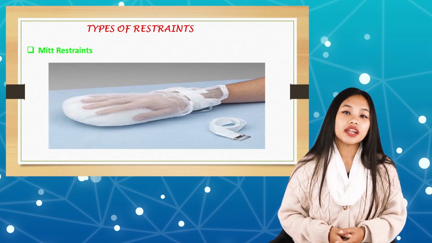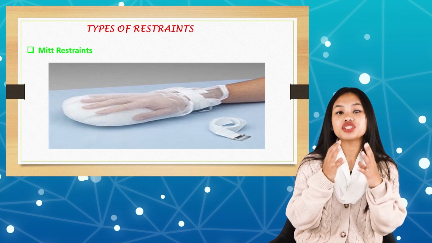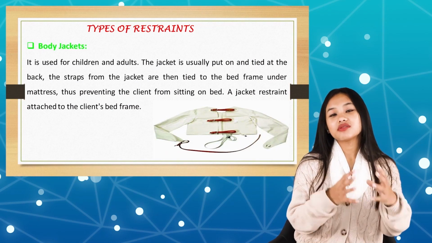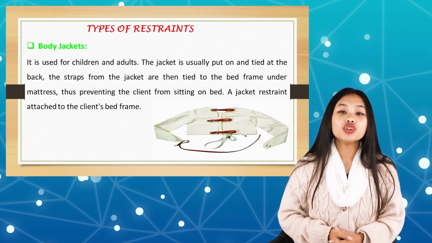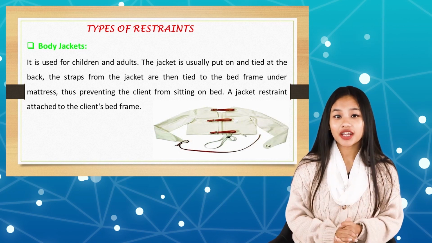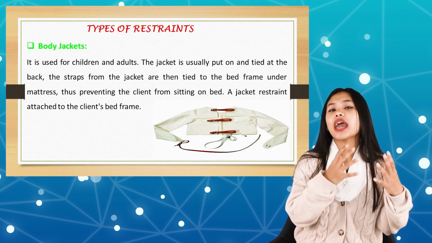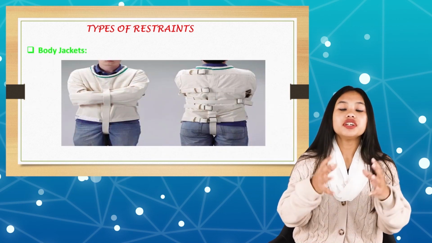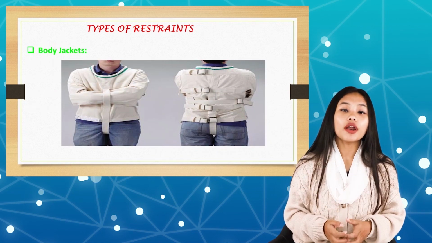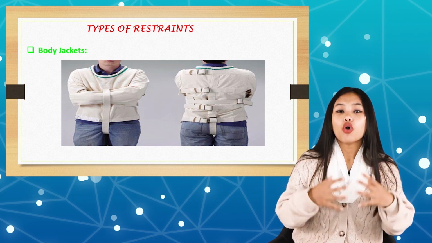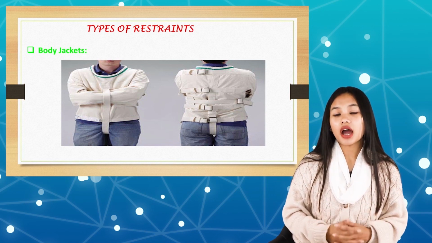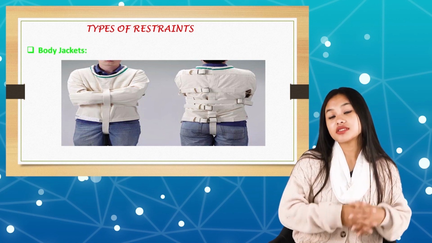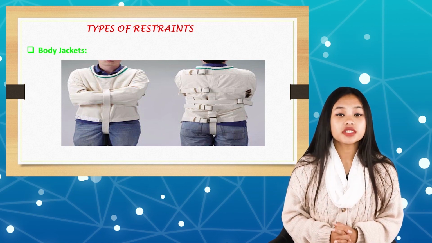Now moving on to the next one, that is the body jacket. So as you can see in the picture, this body jacket resembles the jacket which we use in our day-to-day life, right? So these body jackets can be used for both children as well as adults. These jackets are usually put on and tied at the back, where the straps of the jacket are then tied on the bed frame under the mattress, thus preventing them from sitting up on the bed.